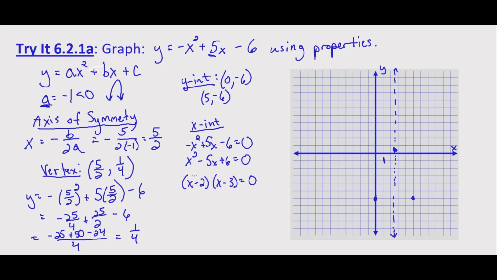If we multiply back through, that gives us x² minus 3x minus 2x, which is minus 5x, and then -2 times -3 is plus 6. So that means x equals 2 or x equals 3. So that means our x-intercepts are 2, 0 and 3, 0.